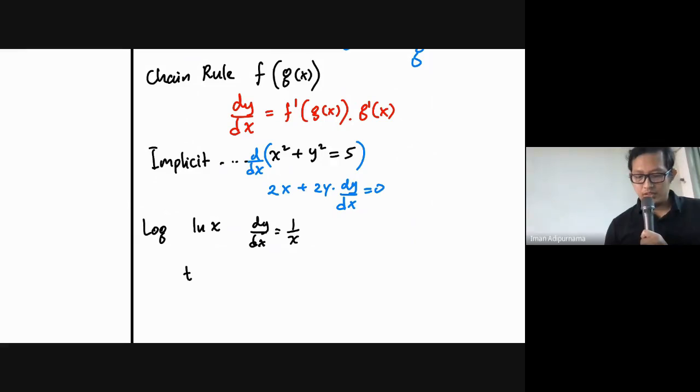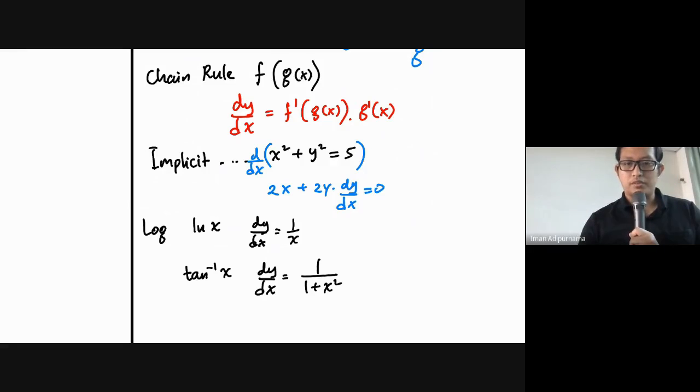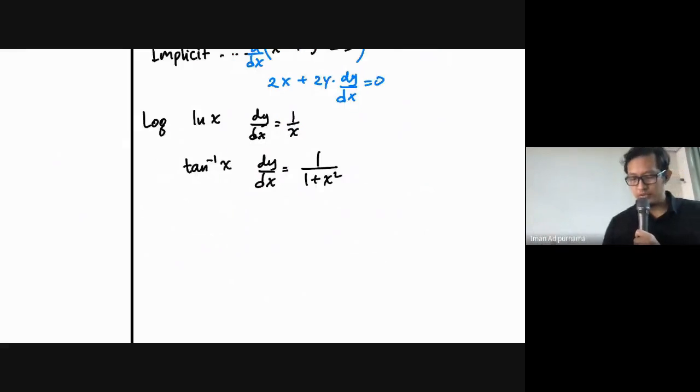And the inverse of trigonometry, for example, the tangent inverse, this will be 1 over. This is just a small example, but you need to be able to solve the other inverse functions based on the tangent inverse.